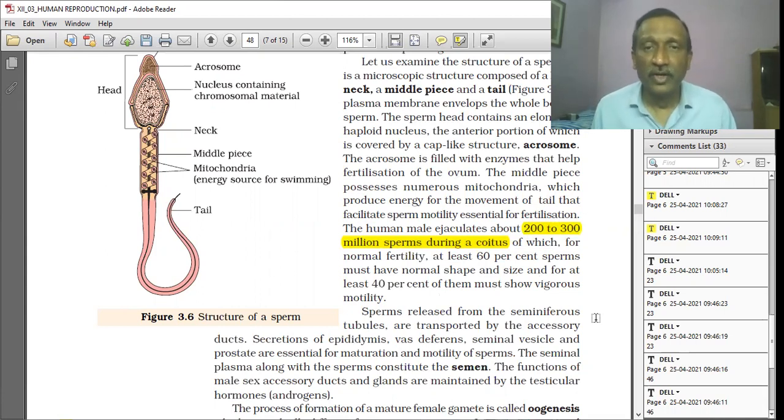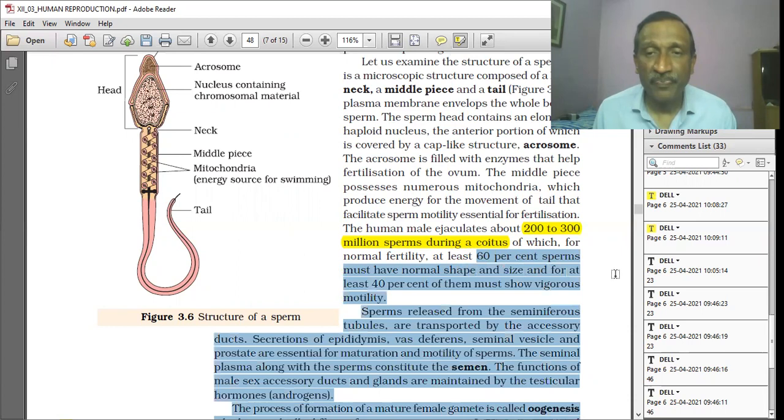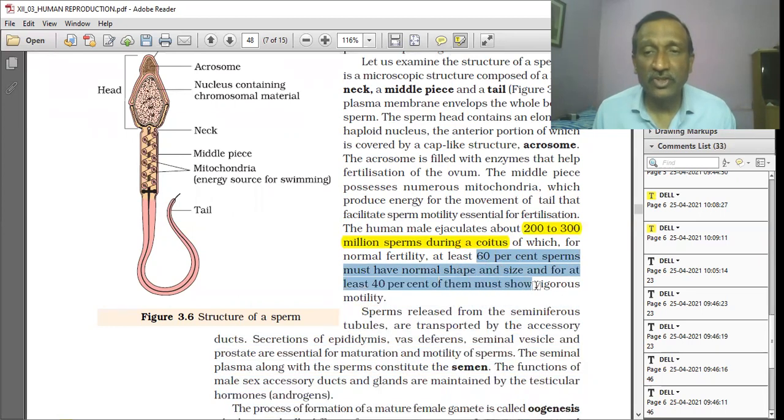Meiosis is a continuous process to produce the sperms. Of these, for normal fertility, 60% of the sperms should have normal shape and size, and at least 40% of them should have vigorous motility. So 40% of 200 or 300 million is about 120 million.